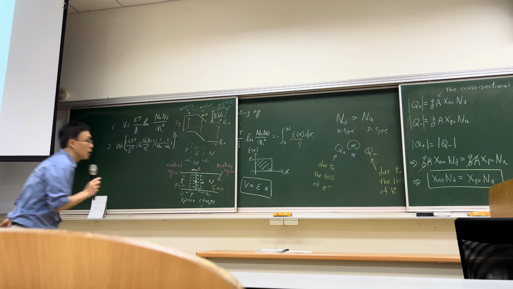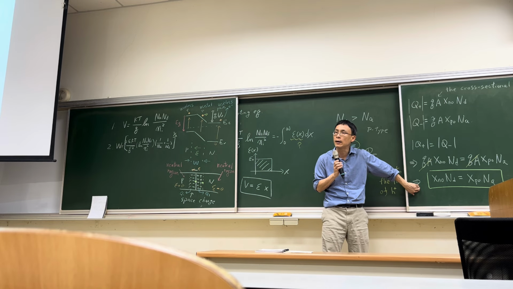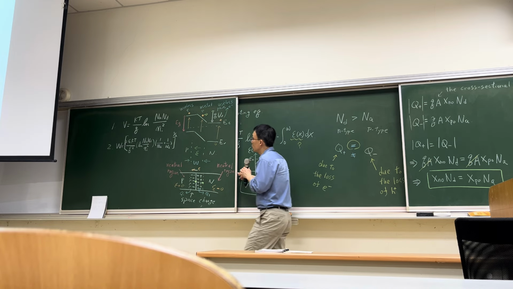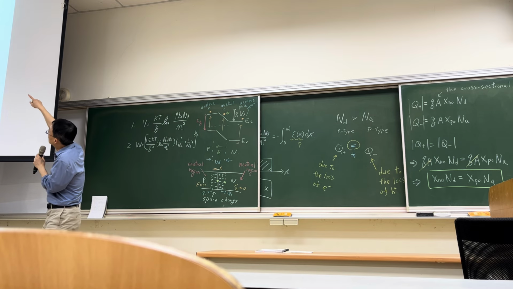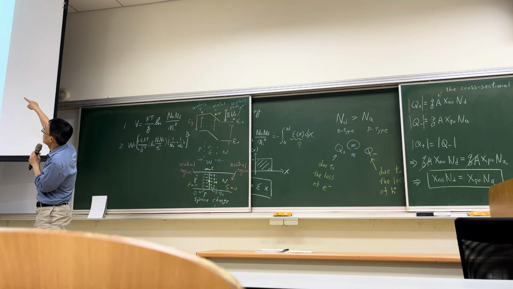So this is an important conclusion you need to keep in mind. This will be necessary when you are deriving this equation. Okay? So those are the three important figures you need to keep in mind.